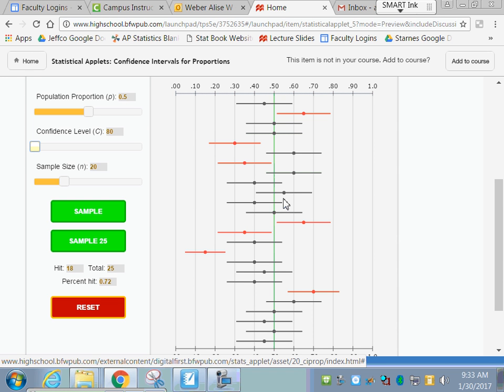Okay, so that's one way to change the length of the interval, by changing your confidence level.